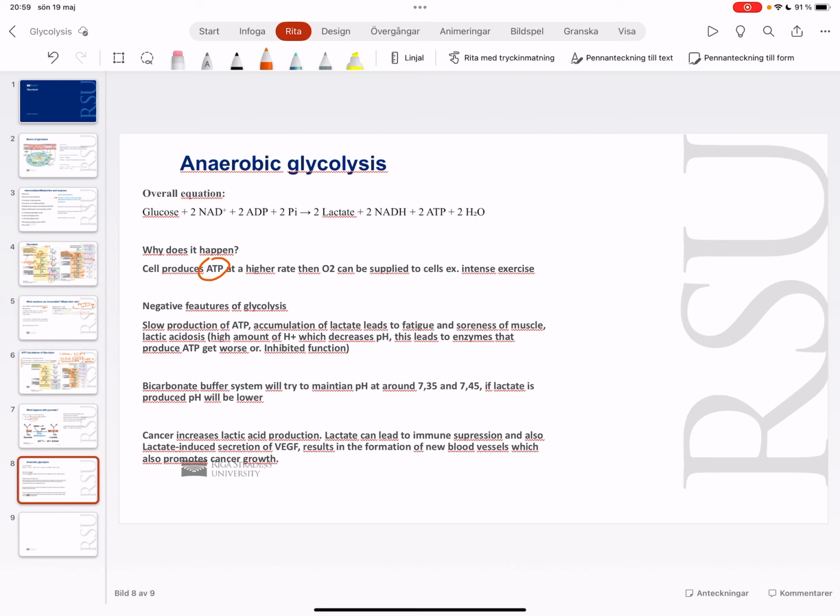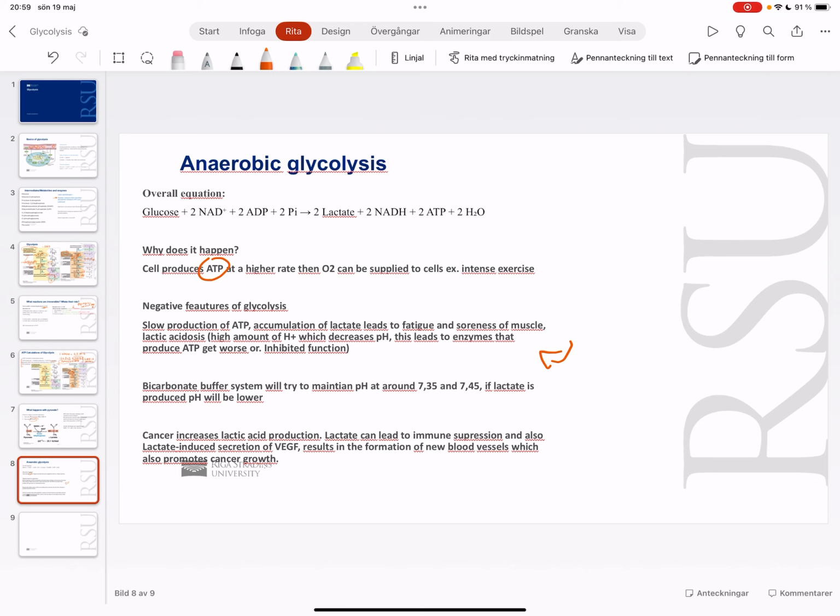Okay, so negative features of glycolysis, it is basically this. Slow production of ATP, accumulation of lactate leads to fatigue and soreness of the muscle. It can also lead to lactic acidosis, so a high amount of hydrogen, which decreases the pH, and this leads to enzymes that produce ATP getting inhibited or working worse.